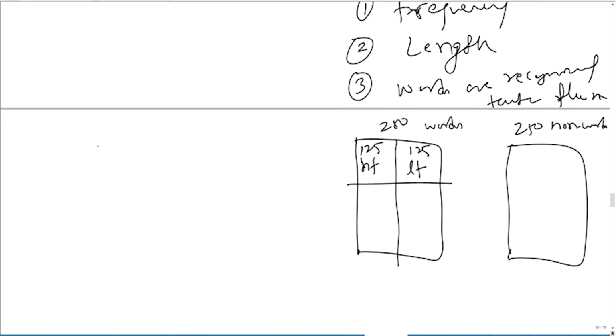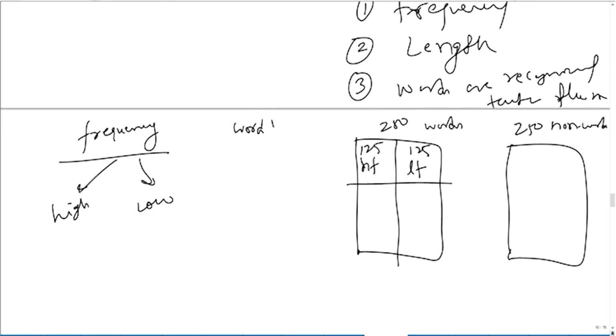Basically, you are manipulating frequency, where frequency could be high versus low word frequency. Frequency is manipulated high versus low, and there is word type or string type, which is a proper meaningful word or a non-word.